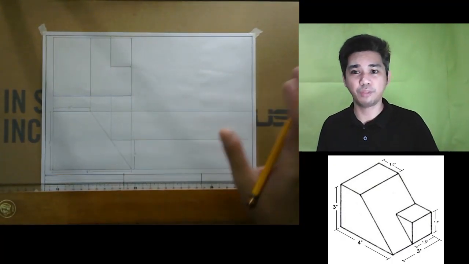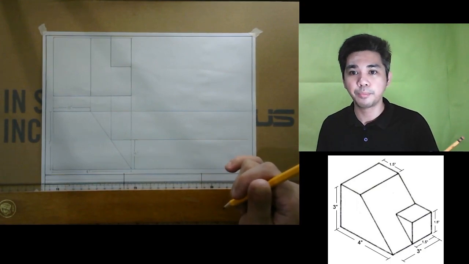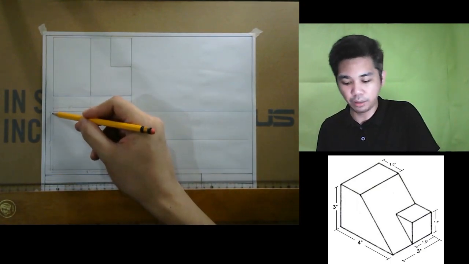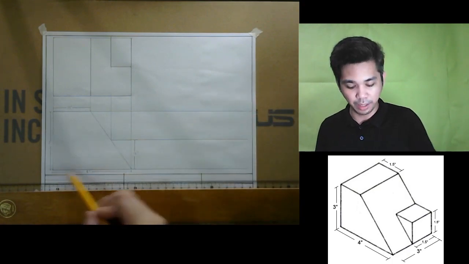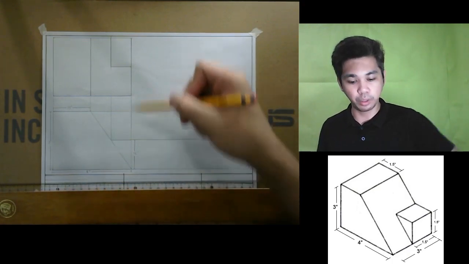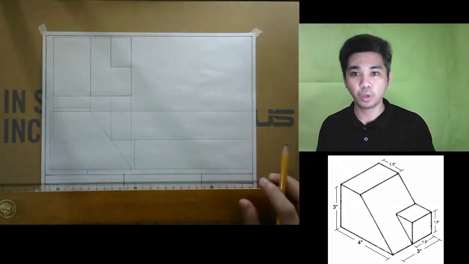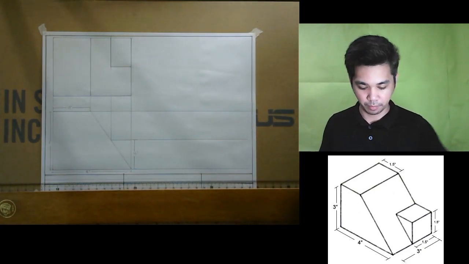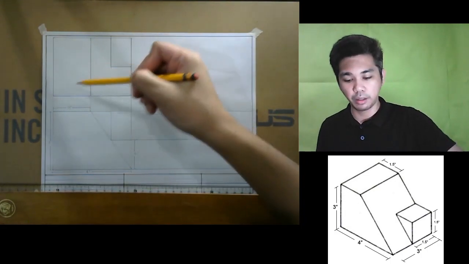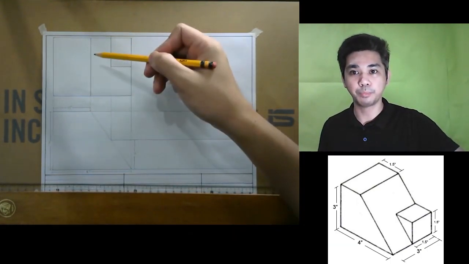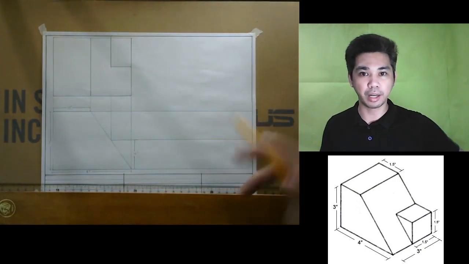Why do you think we have to project those lines? To assure you that the height of the object will be the same height at the right side view, and the length of the front side view will have the same length on the top view. Now, how can we make sure that the lines projected on the top view will be reflected on the right side view?